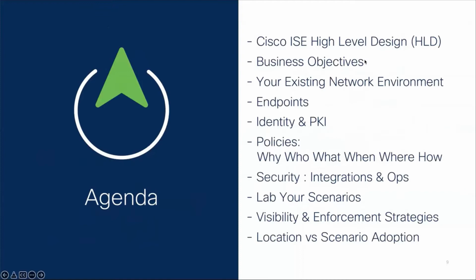And while it's happening, let's cover what we're going to talk about today. The basis of this talk is from the ISE high-level design that I wrote many years ago.